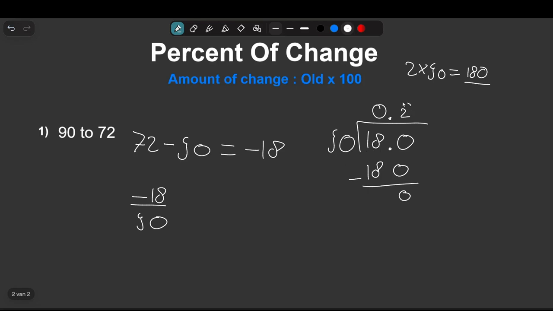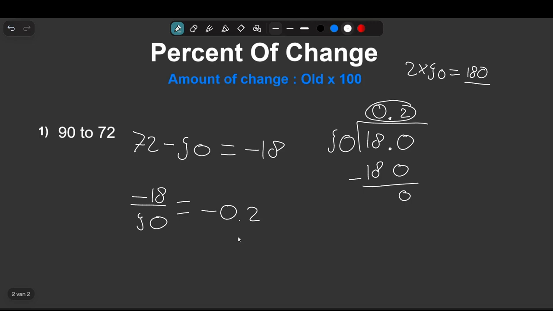So this will be our decimal answer, or this will be the answer of this, minus 18 divided by 90. And because we took the decimal out right here, we can just put it right now and we will get minus 0.2 or negative 0.2.